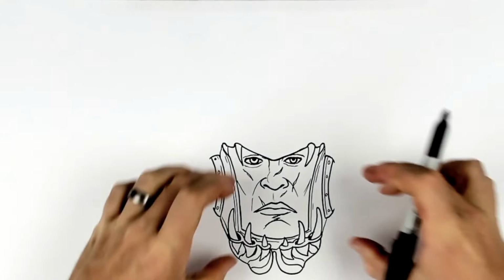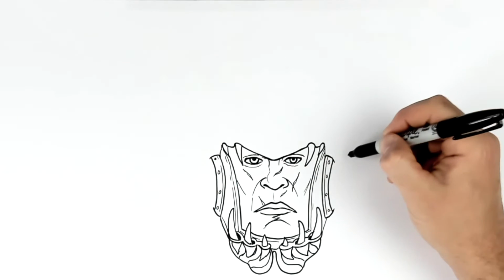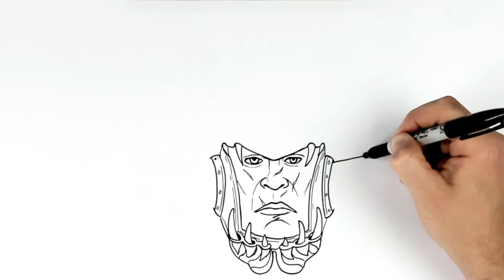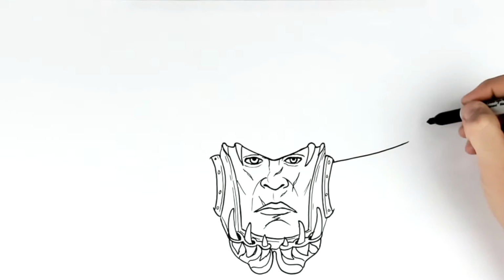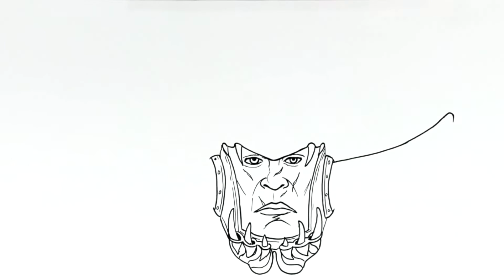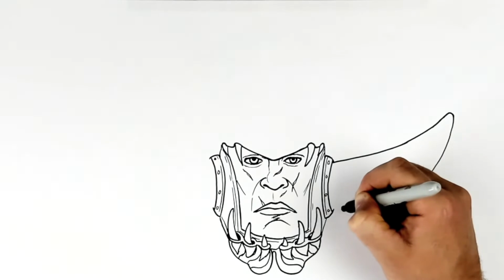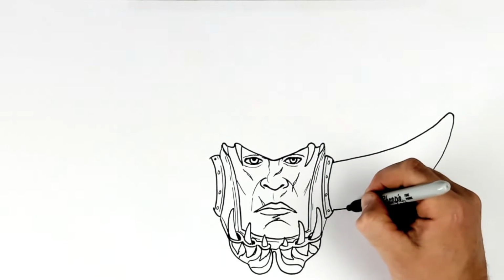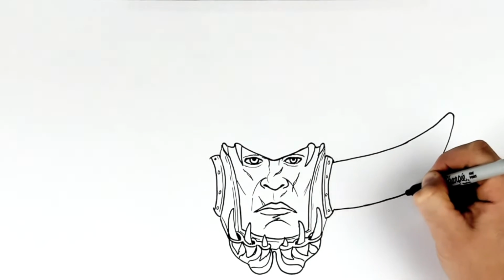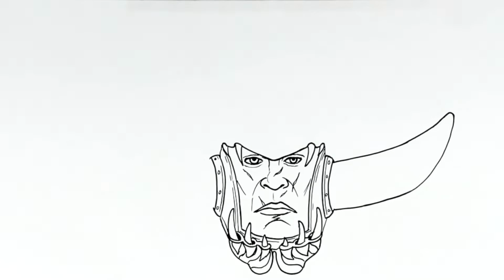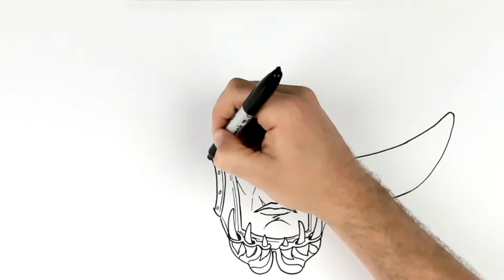So then those big tusks that come out the side, right? The horns. Crazy big, around like so. And like that. Then the other side.